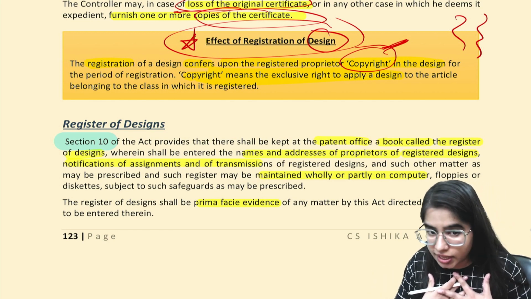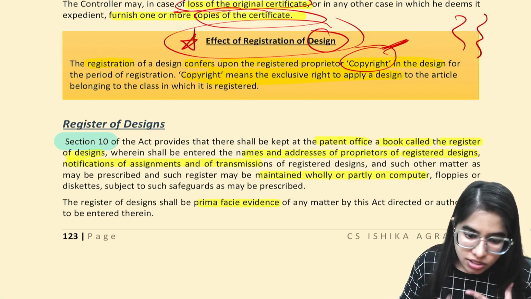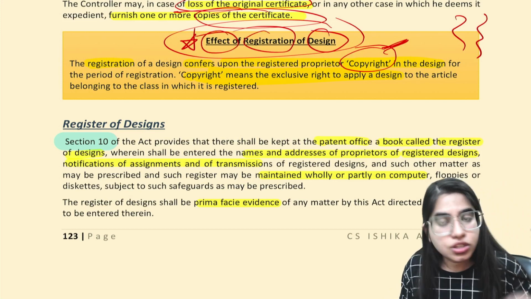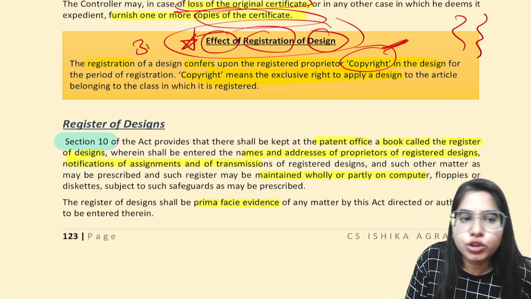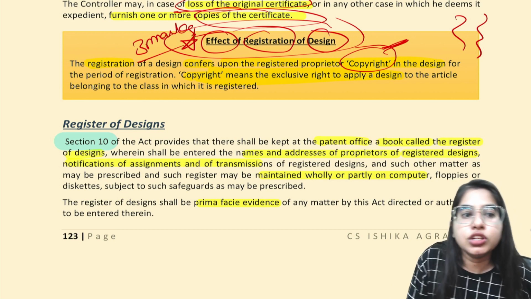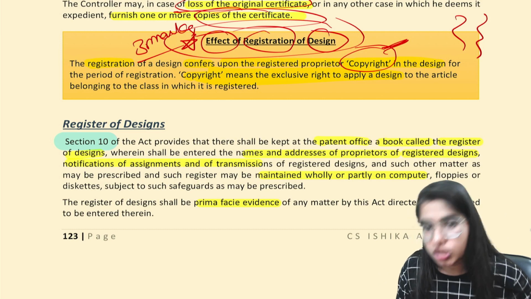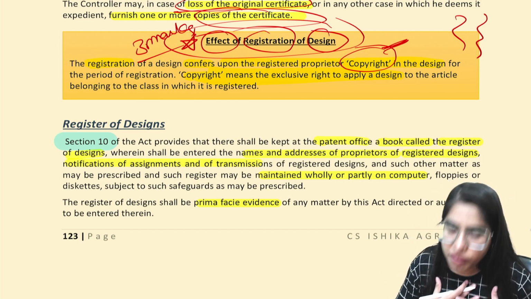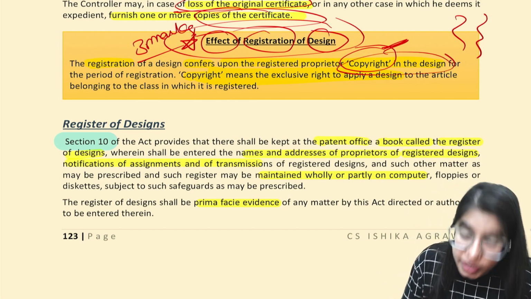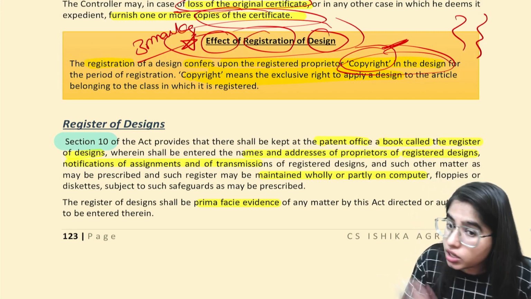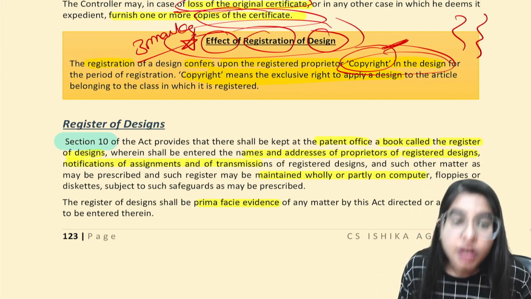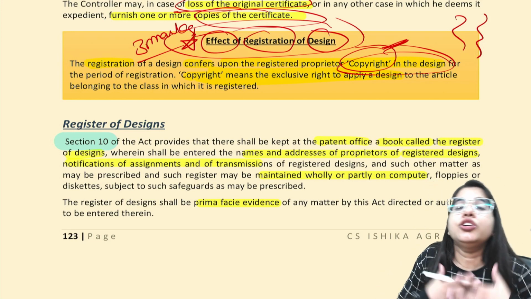If that design is registered, what is the effect of registration? This is important. They can ask you this in the exam for a 3 or 4 mark question. The effect of registration of design is that you get copyright with respect to that design. Copyright of design means you get the exclusive right to use that design.